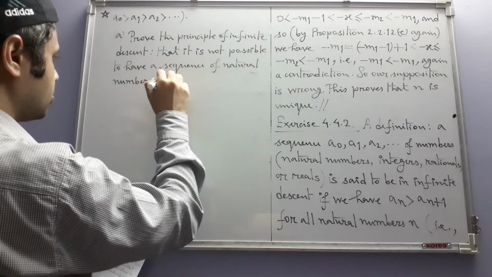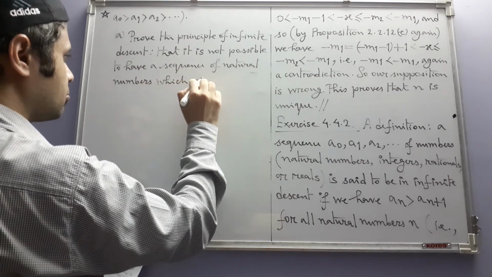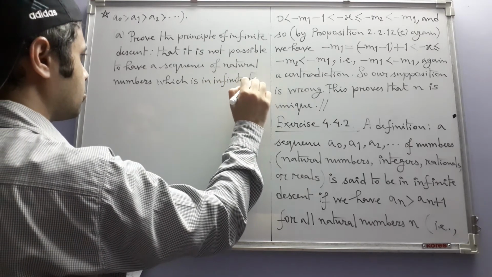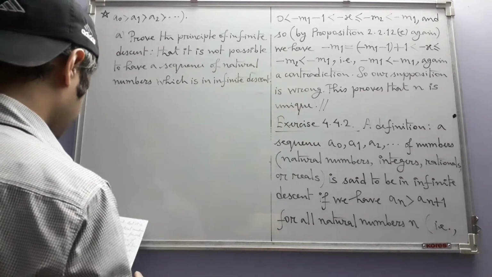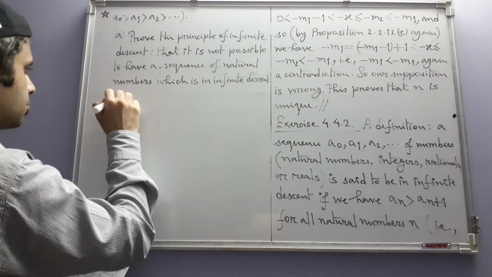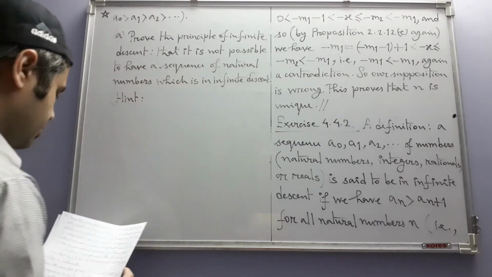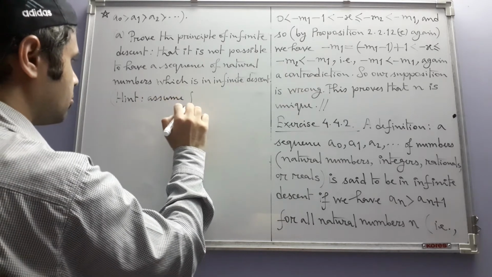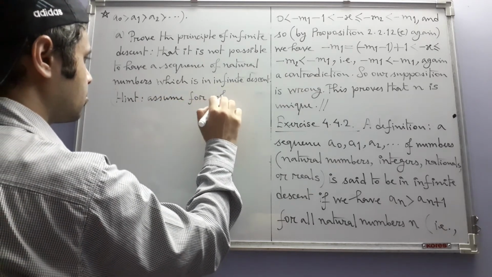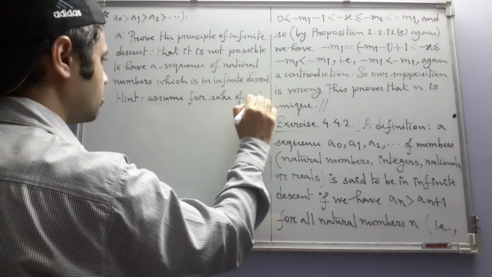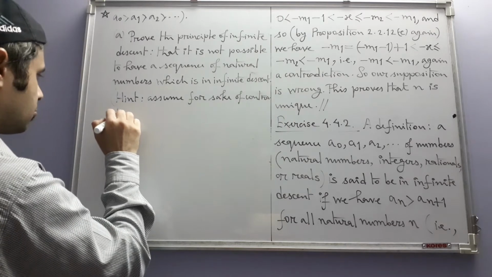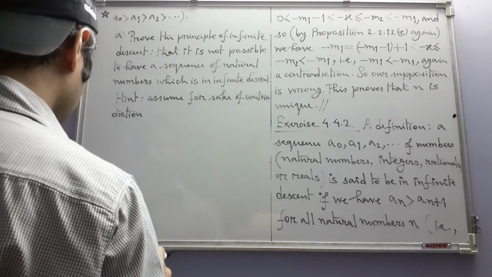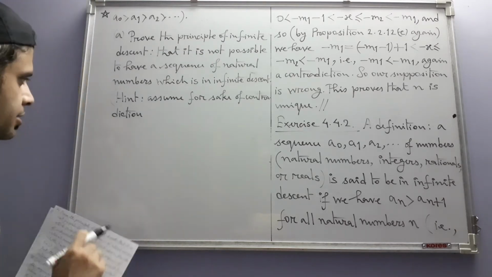And an elaborate hint is also given. Assume for the sake of contradiction that you can find a sequence of natural numbers which is in infinite descent.